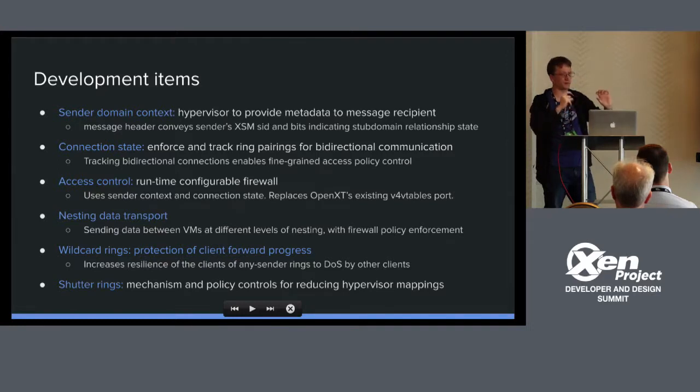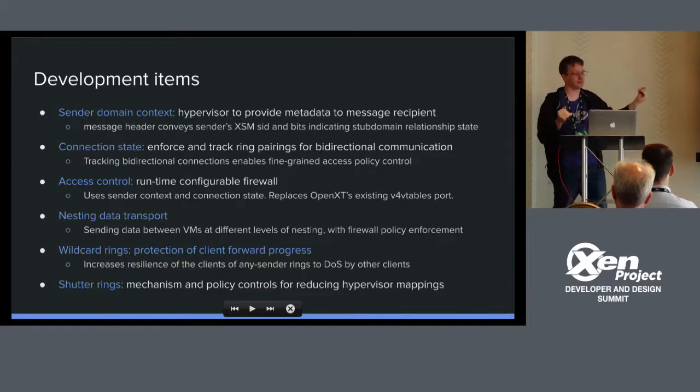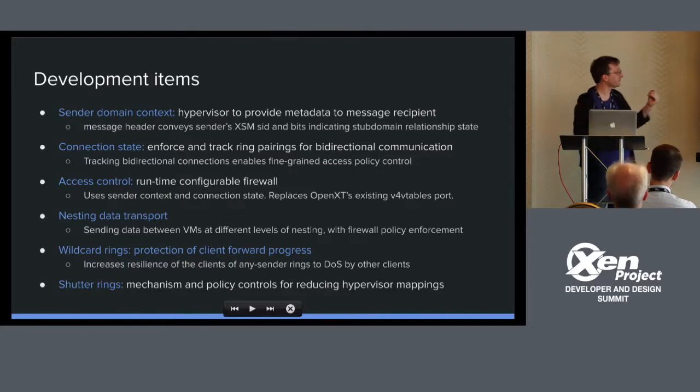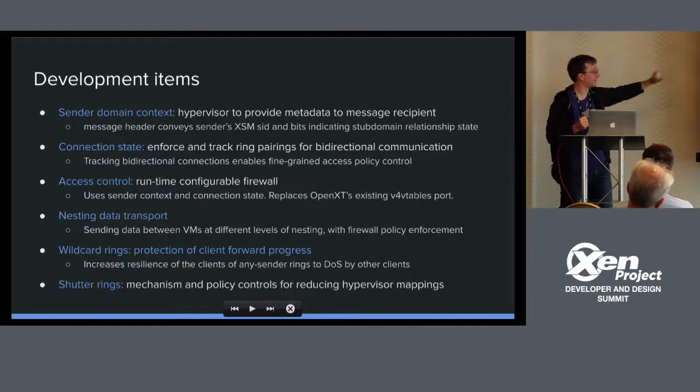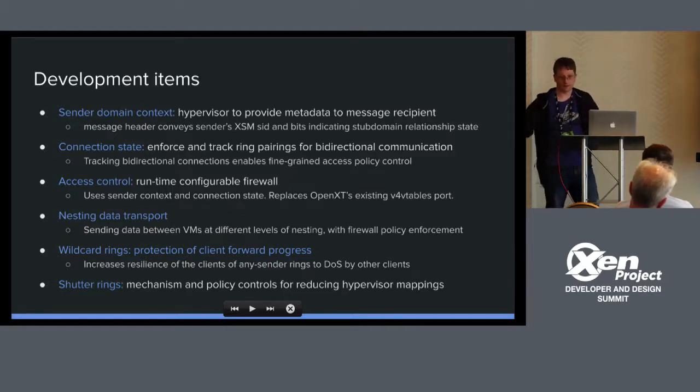It's just adding a bit more state to ensure that replies go to the same place that the original message came from. So building on these two things, we're looking to make a richer access control implementation and set of tools for managing a firewall. There's a very basic implementation if you need one now in OpenXT, but this will be a lot more powerful with these additional two things implemented first.